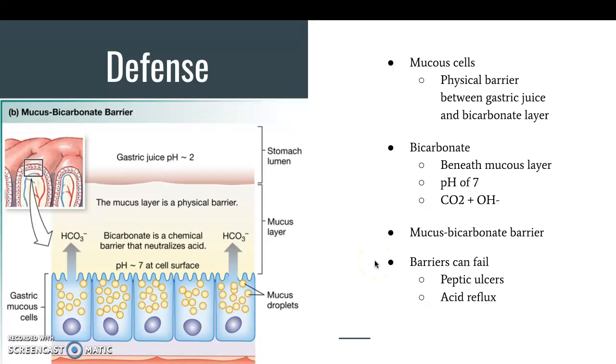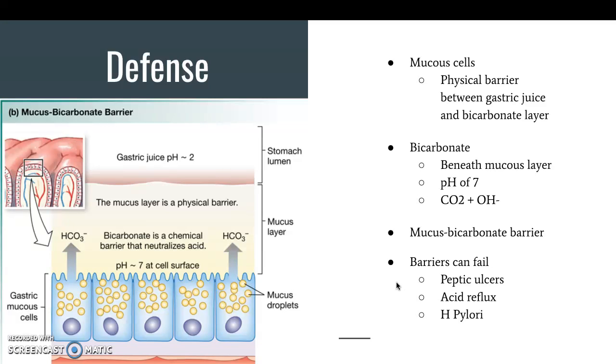Ulcers also can be created by acid reflux, H. pylori, which is inflammation of the gastric mucosa, and it's not on here, but also by excess NSAID use or nonsteroidal anti-inflammatory drug use, which is like ibuprofen or Advil, things like that can also create ulcers, which are very uncomfortable and can sometimes require medical attention.